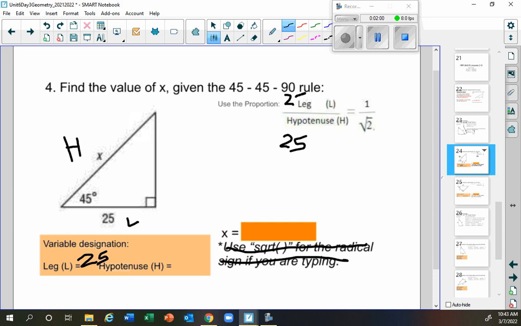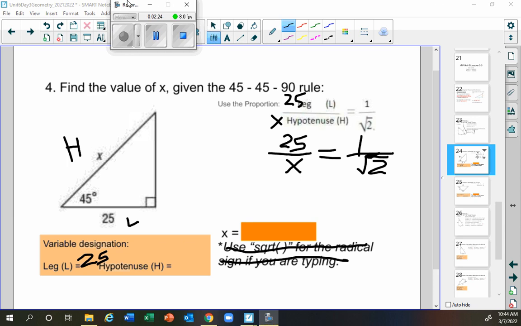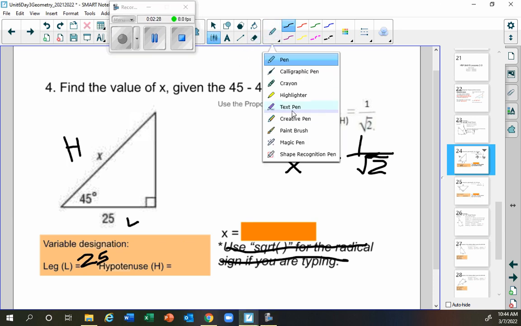So we have 25 for the leg, one, and then X for the hypotenuse. So this is our setup right here. So 25 over X equals 1 over square root of 2. Now, with our proportions, what must we always do?